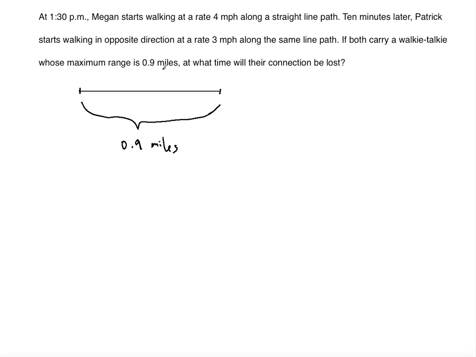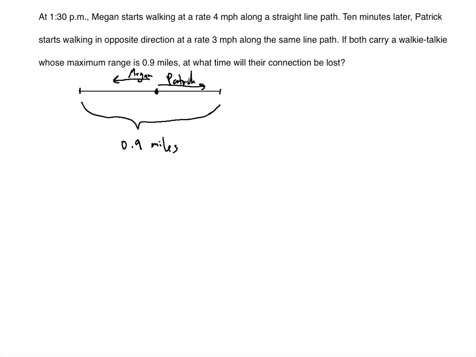Now based on the fact that Megan walks faster and also she will spend more time walking, they'll probably start somewhere here, right? I'm not going to be exact on it, but that's probably where they're going to start. So suppose that Megan will walk that way and Patrick will walk this way.